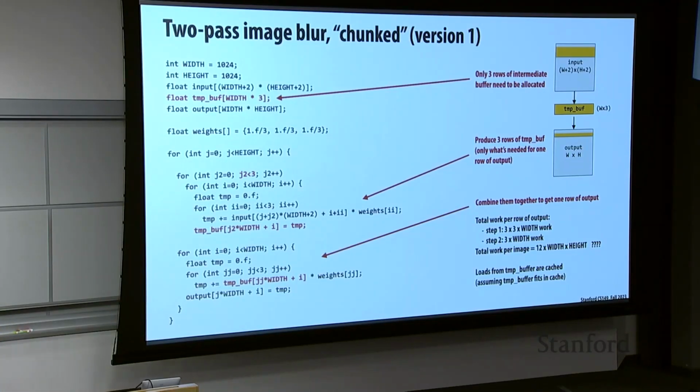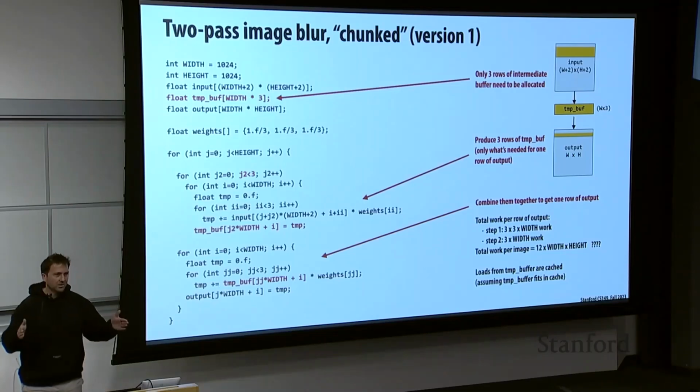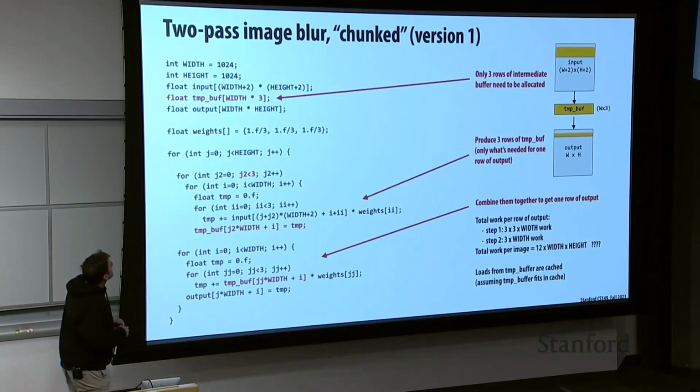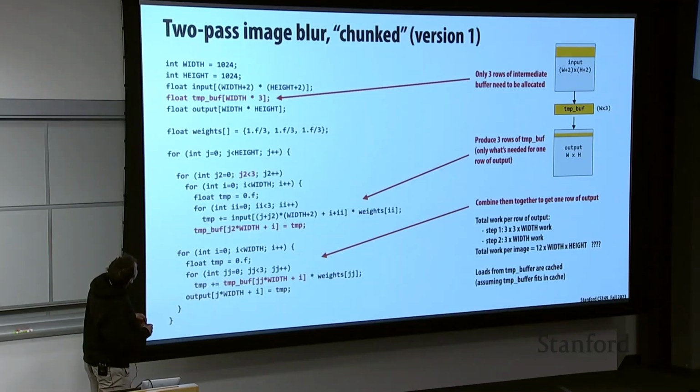Let me make sure I understand. So the temp buffer is currently 3 rows, and you're proposing to cut it horizontally into 3 columns as well, 3 chunks? I'm proposing the temp buffer right now is width times 3, so you just make a temp buffer of 3 of width. So it's a 2D array with 3 and then width.